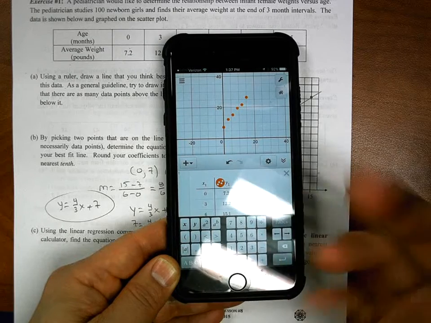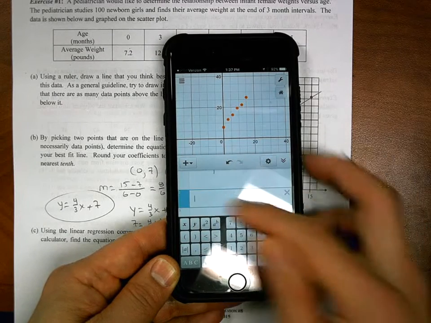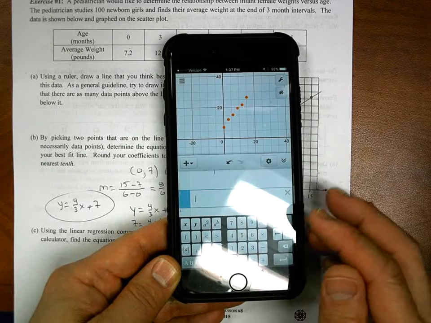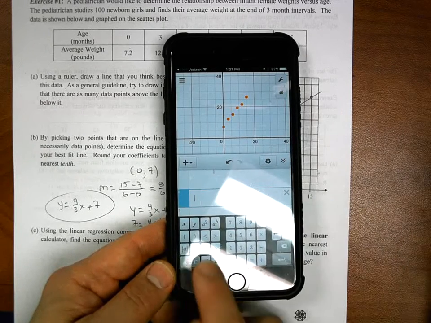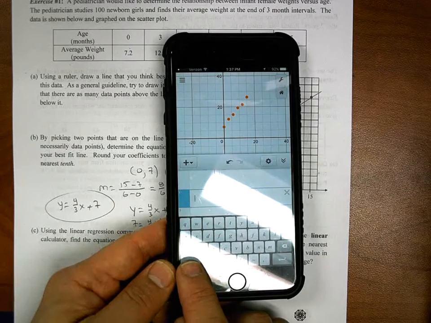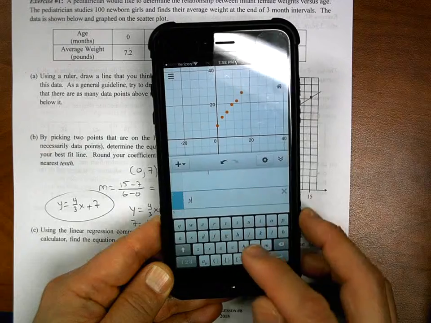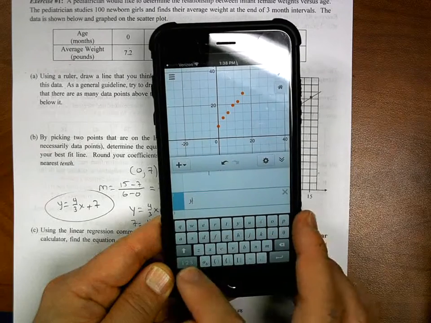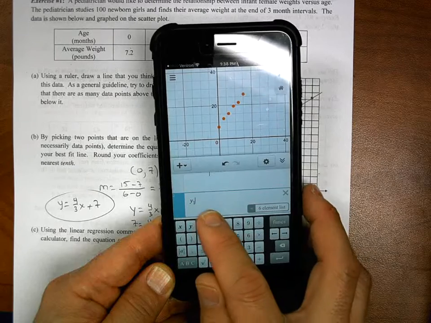So if we're going to use those, we have to put a little subscript on it. All right. So I want to type in a line which is y equals mx plus b. I push my ABC button so I can type in some variables here, some letters. So we have y, but we need 1. So let me go back to my numbers and just type in 1, and it gives you the subscript right there. So y1.